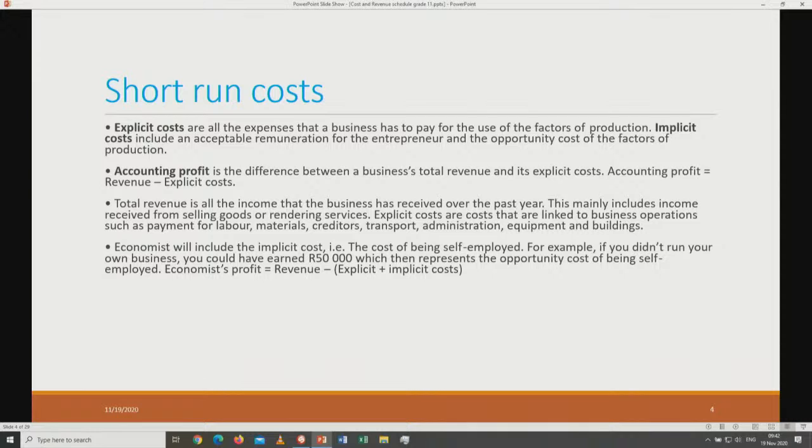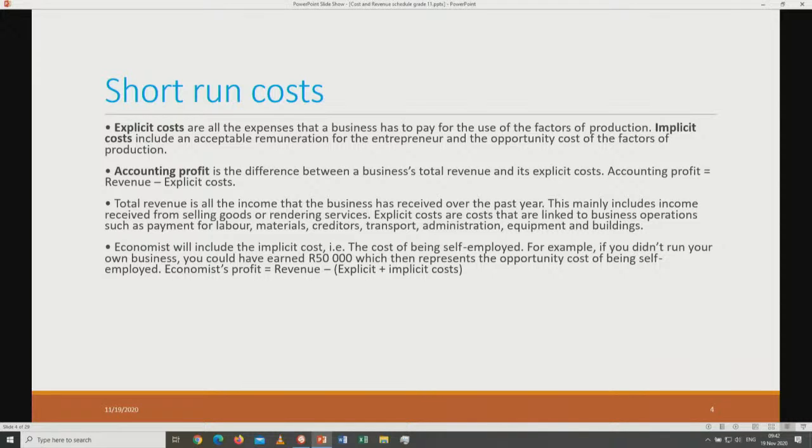So that's why we're saying here it is the cost of being self-employed. For example, if you didn't run your own business, you could have earned an amount of 50,000, which then represents the opportunity cost of being self-employed. So this is how economists calculate profit.